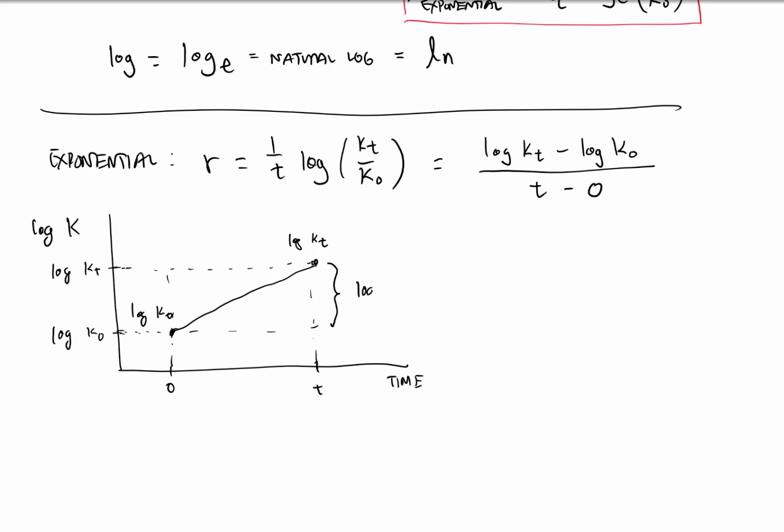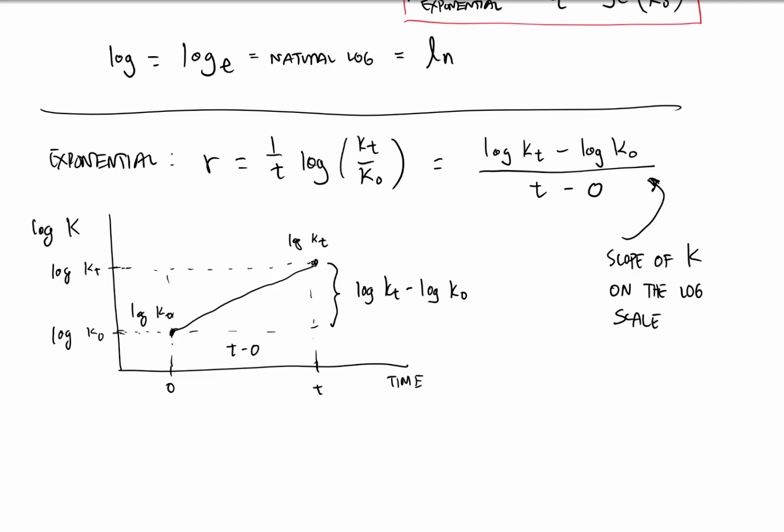Then this is going to be log kt minus the log of k0, and this is going to be t minus 0. This thing is going to be the slope of the populations, the slope of k on the log scale. Time is straight, but the population we put on a log scale.